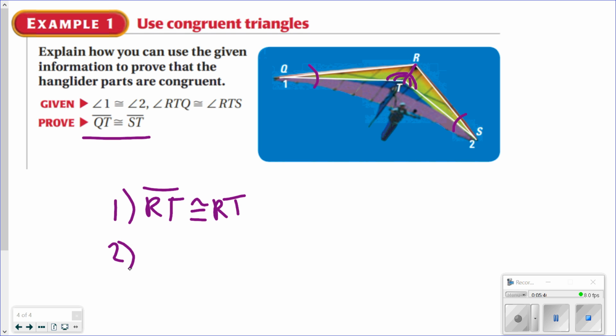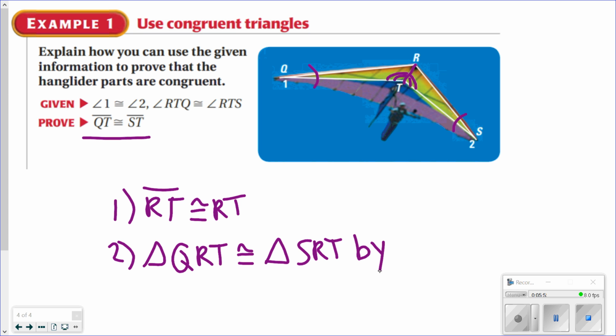So, step 2, I can say that triangle QRT is congruent to triangle SRT by which postulate works here? Angle, angle, side.